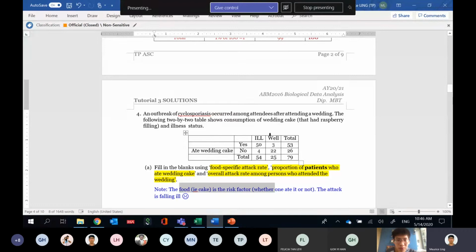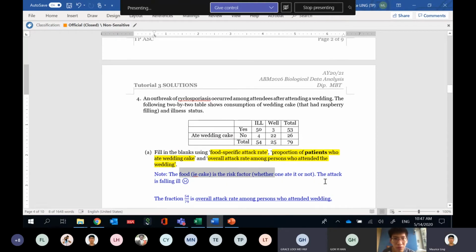The attack, whether you're well or not well, that is the attack. So the fraction of 54 divided by 79 is what? Grace? It's overall attack rate amongst people who attended the wedding. Correct.